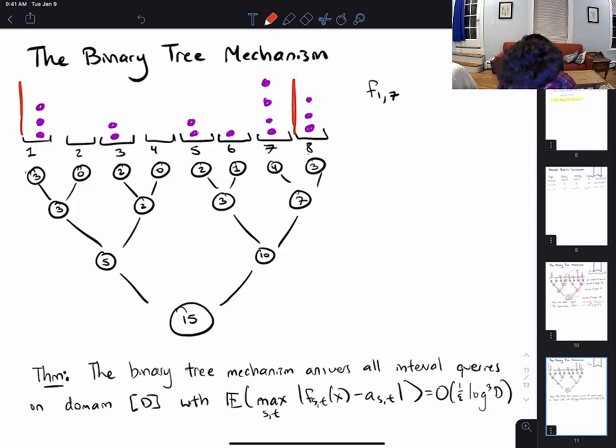So how am I going to get 1 through 7? Well, let's just kind of greedily start by picking the biggest interval we can. So 1 through 7 contains this interval, f1 through 4.